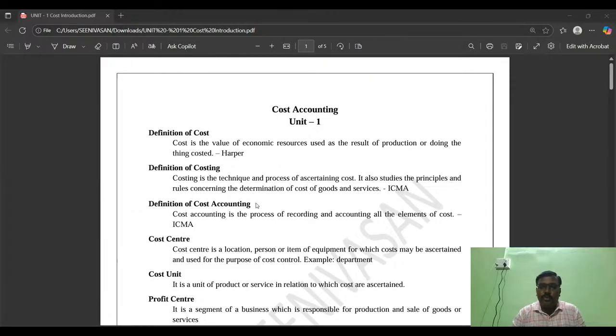Before that, what do you mean by cost? Cost is a value of economic resources used as a result of production or doing the thing costed. Say, for example, I am the manufacturer of ballpoint pens. I have to incur many expenses like ink, plastic, and nipple. For that, I have to spend money to purchase that raw material and use it in a factory, and I have to employ laborers.